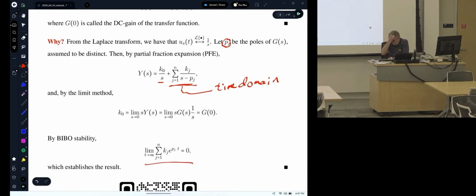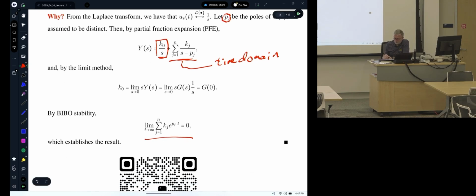So the only thing that will survive, if the transfer function is BIBO stable, is the term that comes from the unit step. And we can calculate that coefficient with a limit. So for these terms, we'd multiply by s minus pj and take the limit. Well, for this term, we multiply by s minus nothing, just by s.